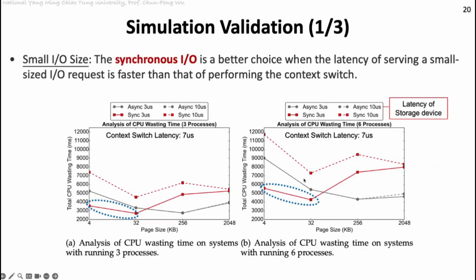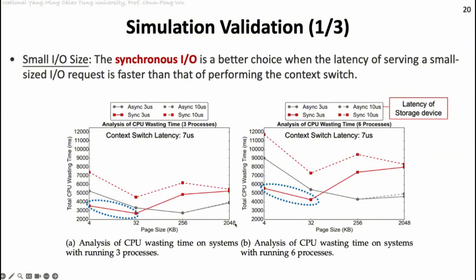We did some evaluation to show that this makes sense. The x-axis in both figures shows different page sizes. We configure the operating system to use 4 kilobytes and 2 megabytes, and there are two dummy configurations, 32 kilobytes and 256 kilobytes, where we use a simulation to simulate these two different page sizes. Actually, the two figures show very similar things.